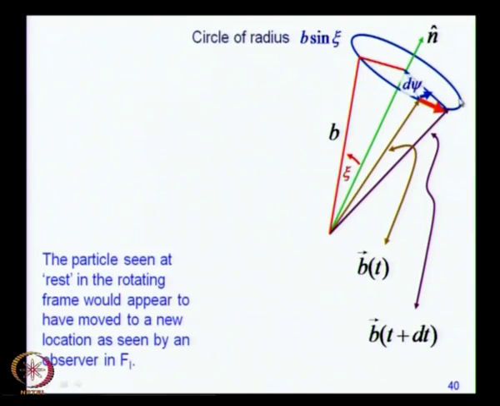As time continues this point will seem to traverse the perimeter of a cone whose vertex is over here. And this distance from any point on the rim of this cone to the vertex is b.